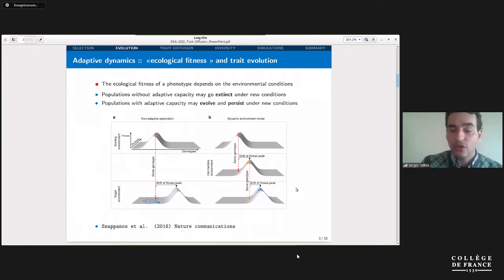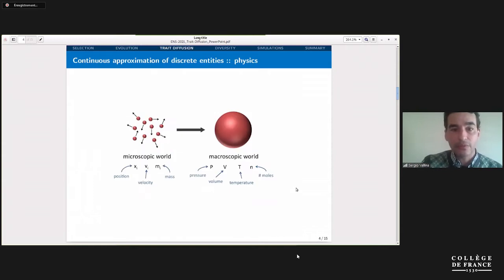So we're going to try to simulate this type of behavior. To do that, I'm going to present the framework, basically. It's borrowing the framework from physics, in which you can solve the same system from two approaches. Imagine you have a gas with many particles going in all directions.